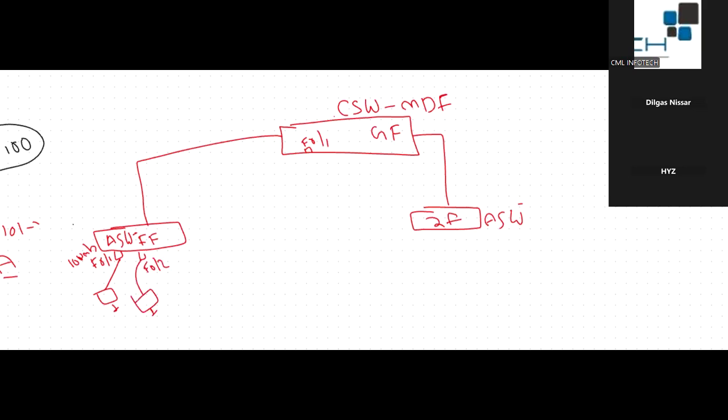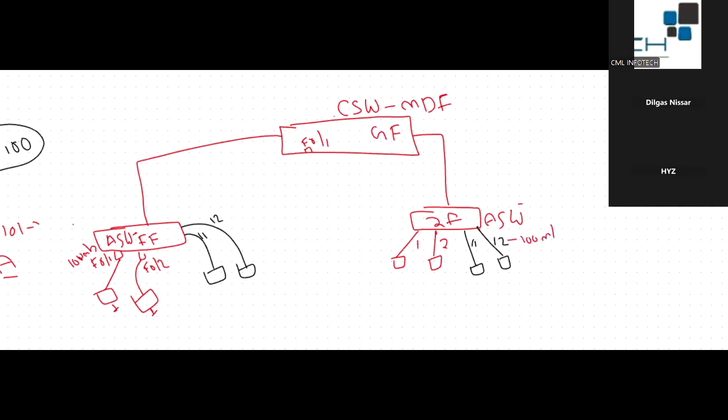Same way, you have two more computers connected to port number 11 and port number 12. Here also you have two computers connected to port number 11 and port number 12, and two computers connected to port number 1 and 2. These ports are 100 MB, which means Fast Ethernet.